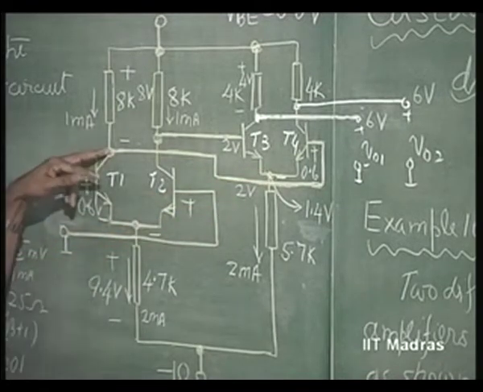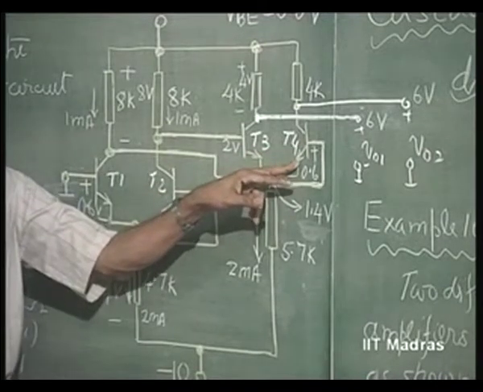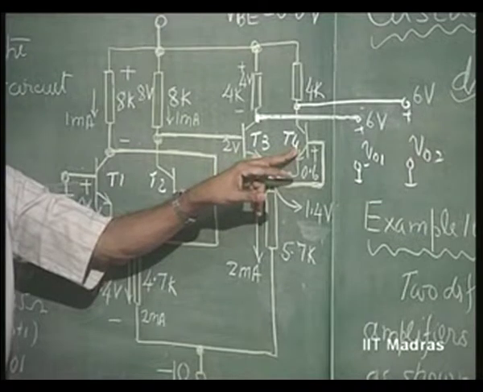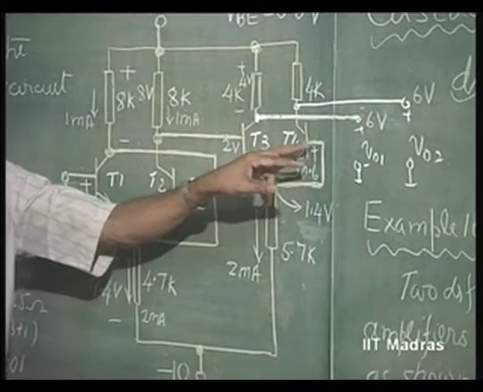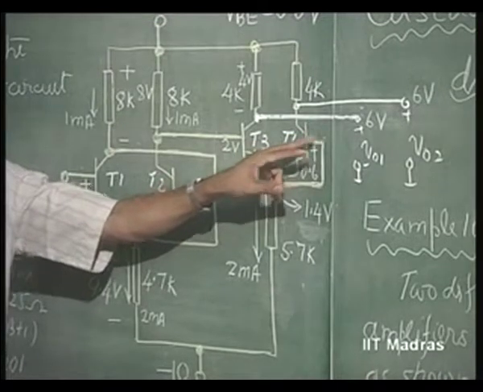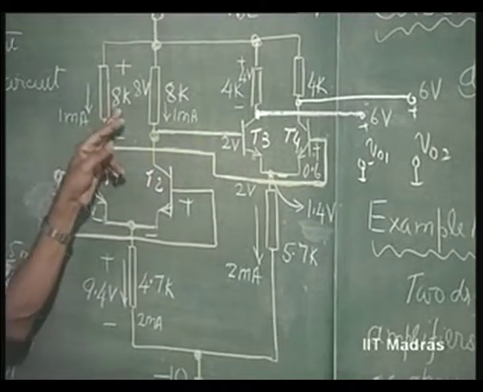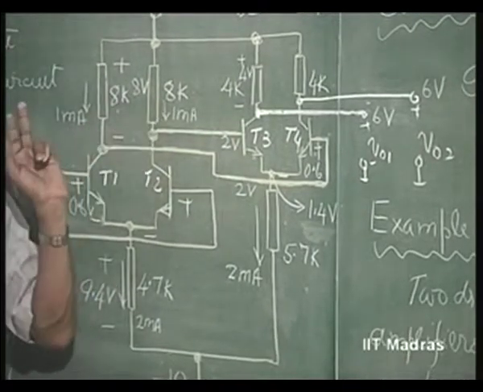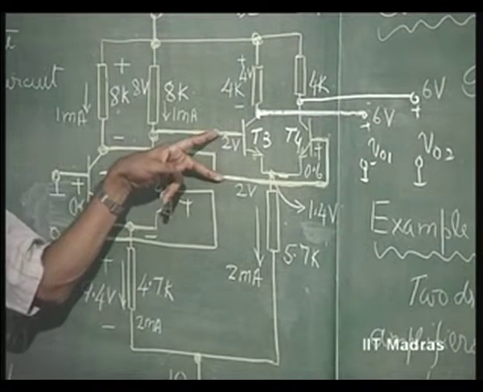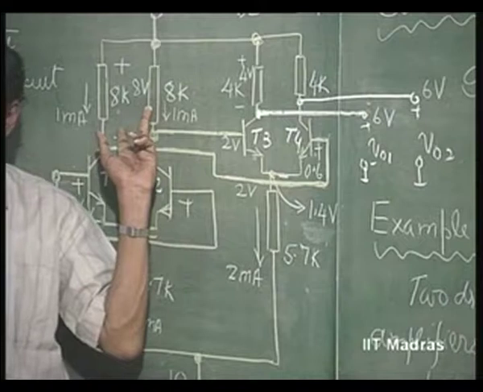So, that means this 8K is going to be shunted by its input impedance here. Input impedance here is 25 into 201, which is approximately equal to 5K. So, 5K plus 5K will be shunting 8K plus 8K. Is this clear? Or 10K is going to shunt 16K here.